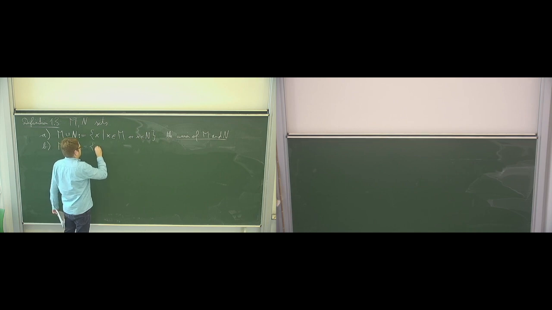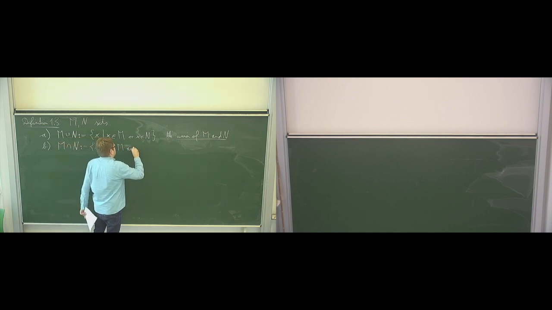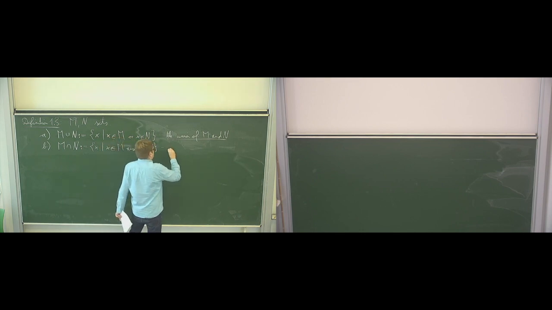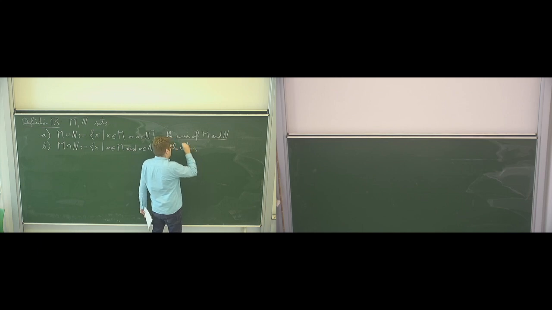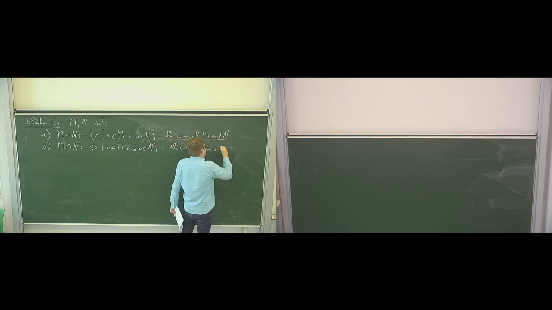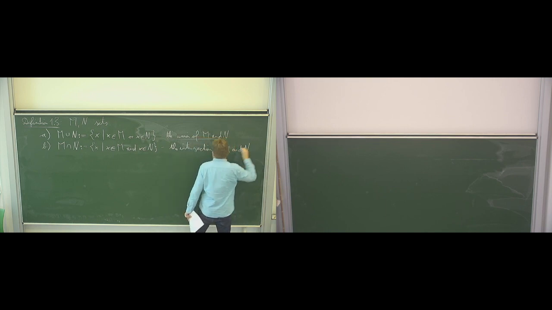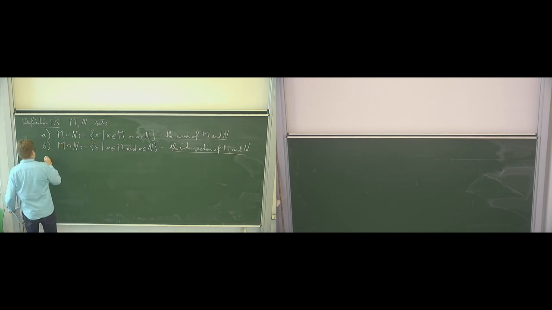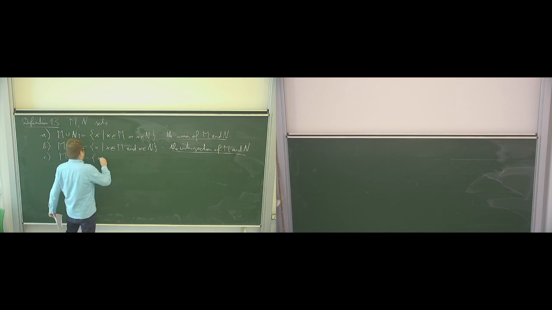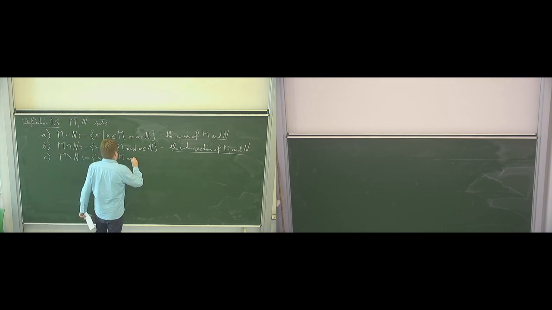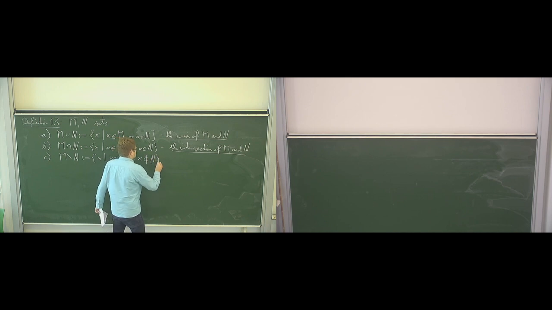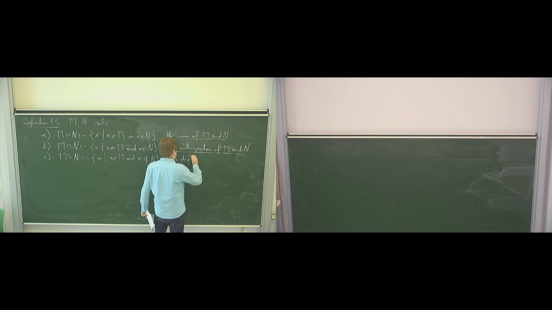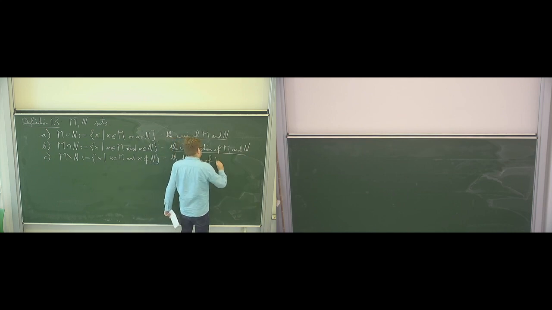This is defined as the set of all x such that x is in M and x is in N. This is the intersection of M and N. And the third set we want to study is M without N. This is the set of all x, with some diagonal bar here, such that x is in M but it is not in N. And this set is called the difference of M and N. Mostly we will say M without N for this purpose.